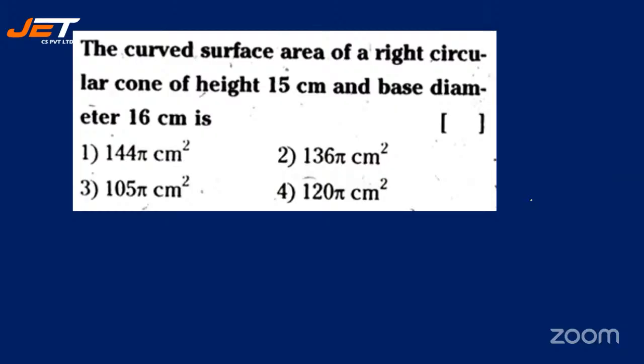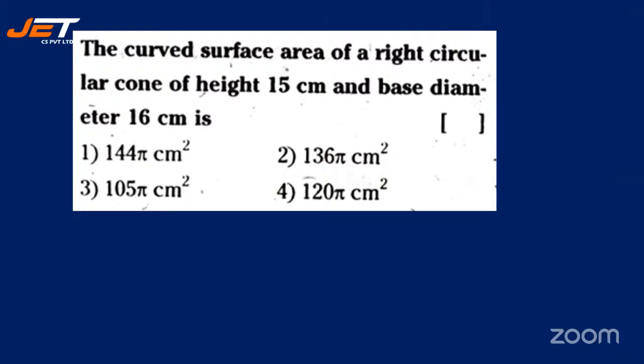Okay. So let's recollect the formula for that. It is pi RL, where L is equal to root of R square plus H square. All right, so you can use this formula. CSA is pi RL.